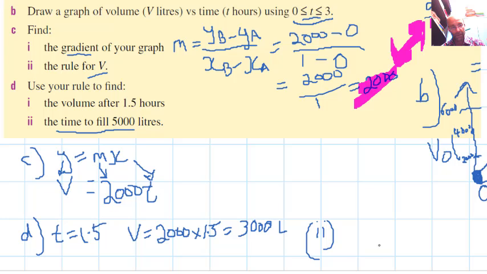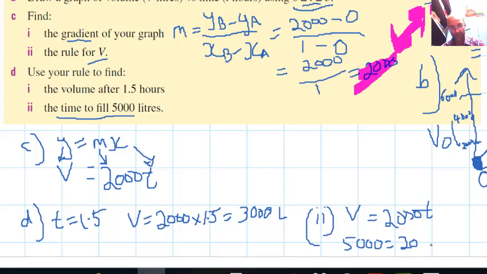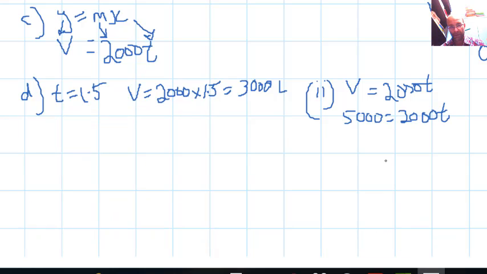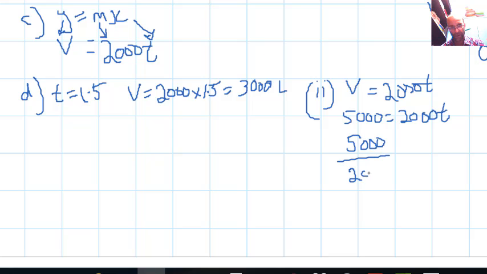Find the time to fill 5,000 litres. So part 2. So we're given volume, so we've got the rule V equals 2000t. We're given that volume is 5,000. 5,000 is 2,000 times t. Now we have to solve to find t. So that means we need to divide both sides by 2,000. We need to do the same to both sides.